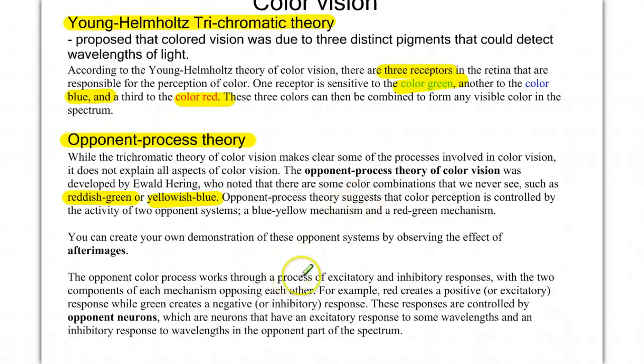The idea would be that as we excite the red receptors, we actually suppress the green, and when we're sensing blue, we can't sense yellow. And there's a little experiment that we're going to do in class with after images where we can see how that might manifest itself. Like I said, this will be a discussion we'll have in class. I just wanted to introduce the terms here so you had the terms as we move forward.